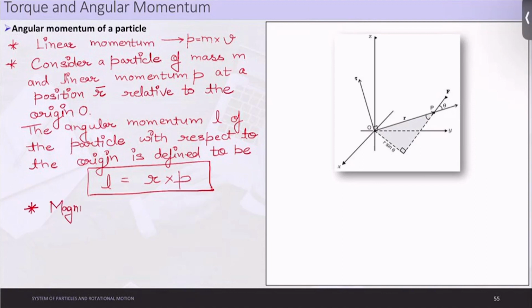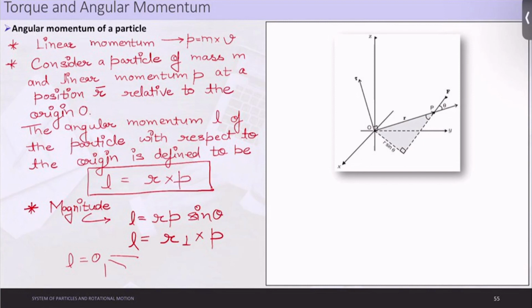First of all, let us calculate its magnitude. The magnitude is L equal to r p sine theta, where theta is the angle between r and p. In place of r sine theta, we can also write r perpendicular times p. Now, when can L be 0?